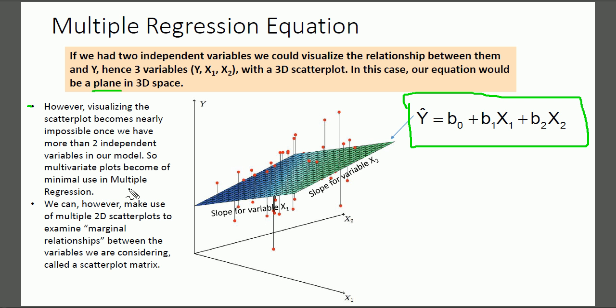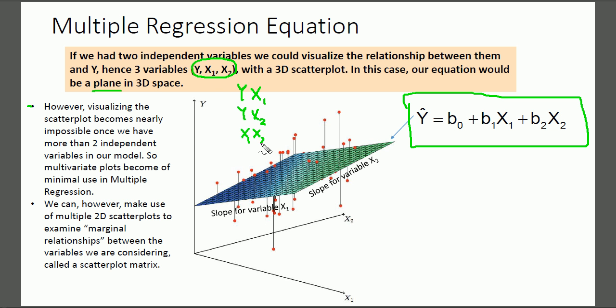And if you get all the possible scatter plots of all the different marginal relationships, you can put something together called a scatter plot matrix. All that is, if let's say we have these three variables here, two independent, one dependent, you would take each pair and make a scatter plot. So you do a scatter plot of y and x1, you do a scatter plot of y and x2, and the last pair would be x1 and x2.